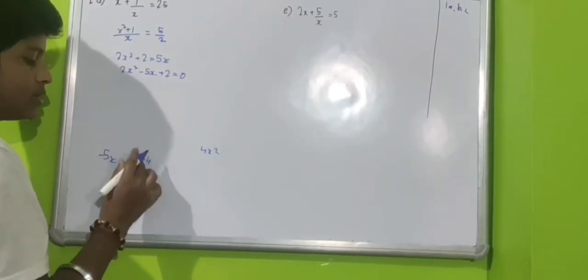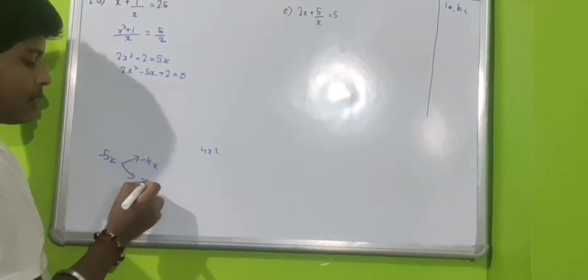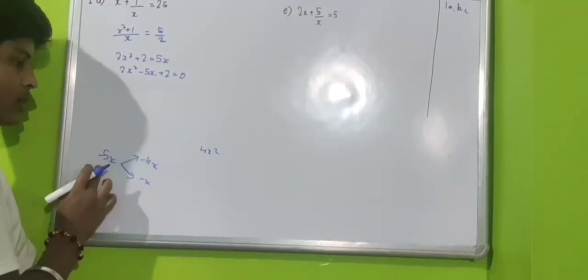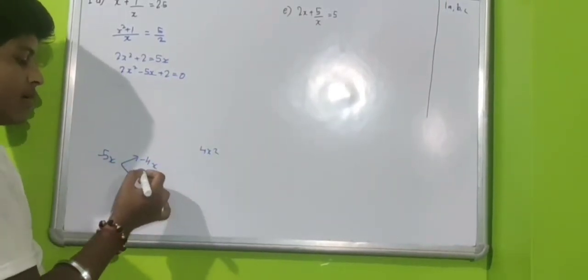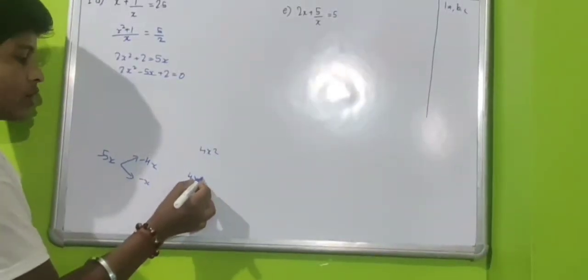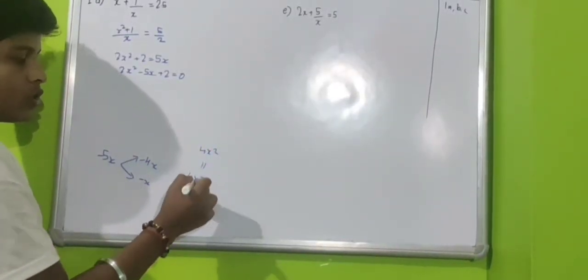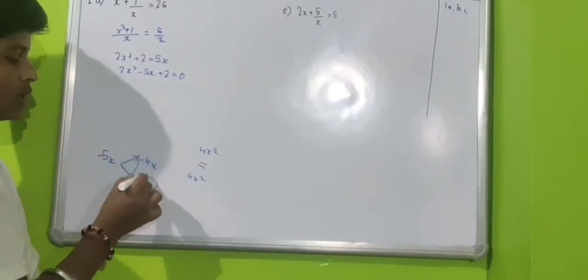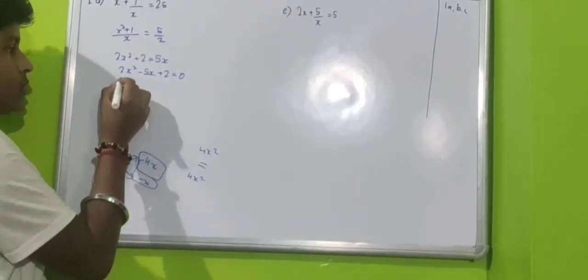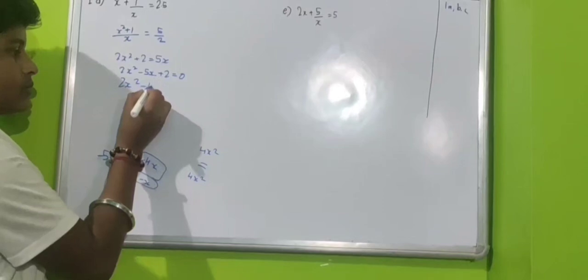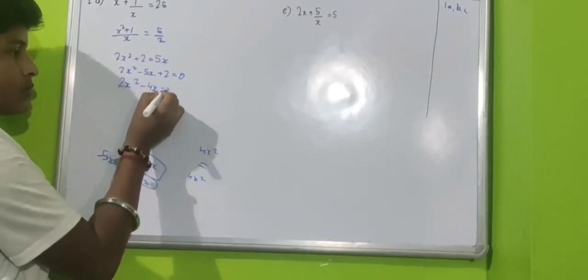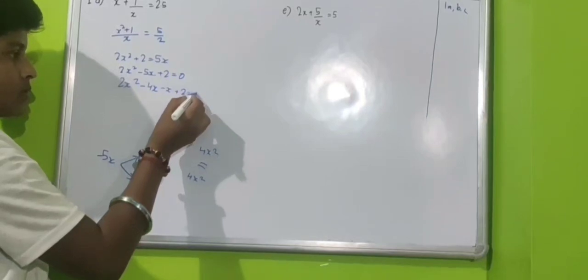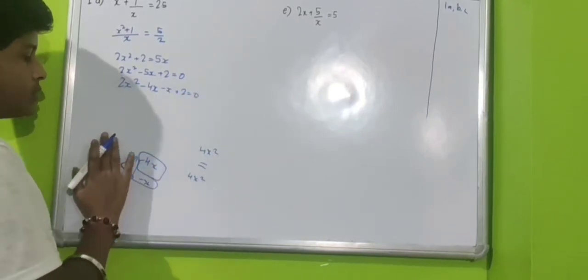Now assuming it as minus 4x and minus x, their sum is minus 5x and the product will be plus 4x square. Since these two are equal, these two are correct. Take it here. Solve it further.